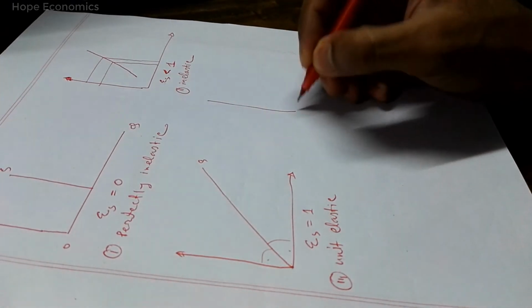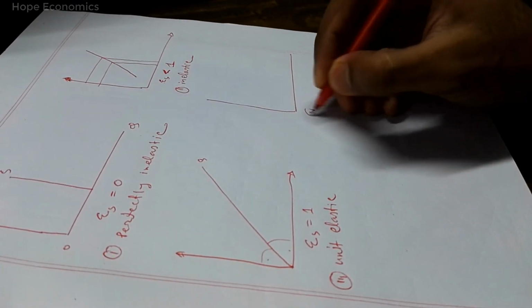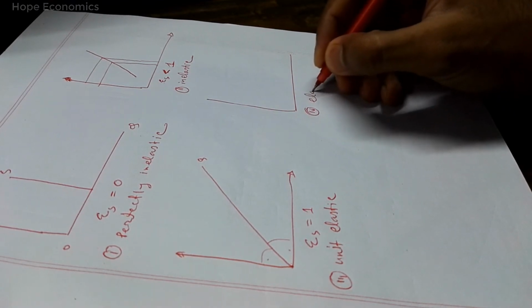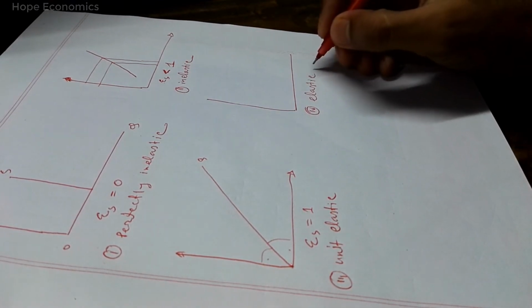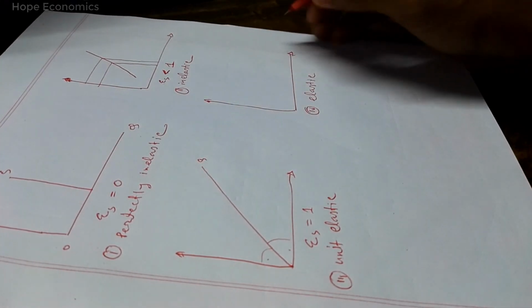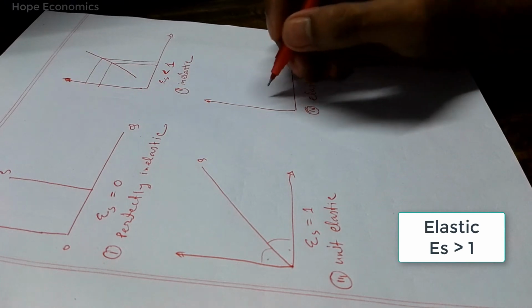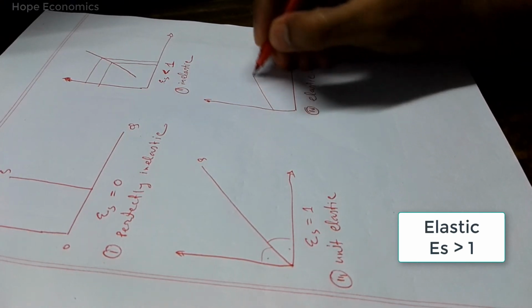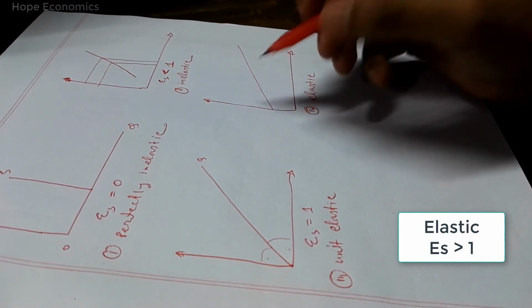The fourth one is the elastic supply curve, and it is much flatter, like the supply curve looks like this. You can see it here.